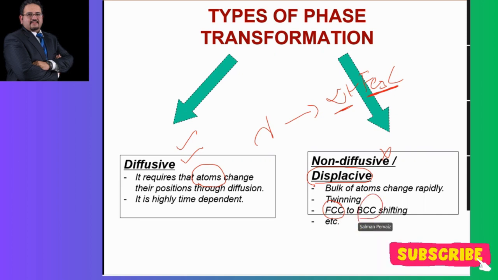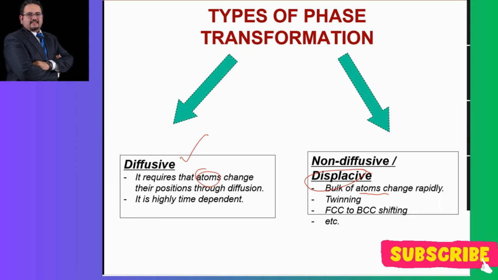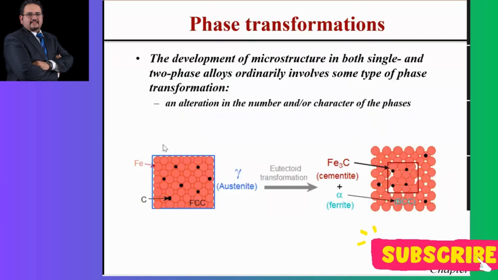So there are two types of phase transformation. It could be diffusive, because of atomic movement, or displacive, where there is no atomic diffusion. The only thing is that because of some external force, they suddenly change their position or shift their crystalline structure. So these are the two major things.